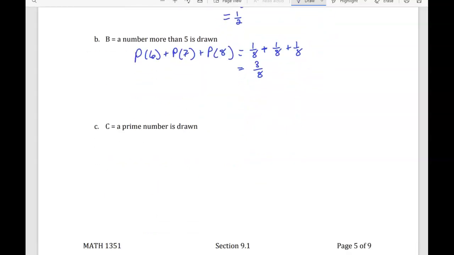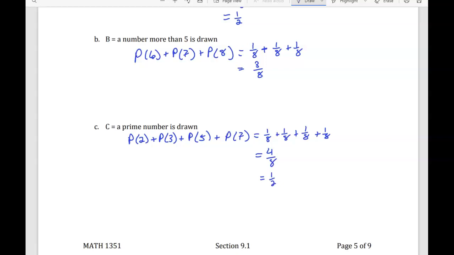Probability that I draw a prime number, that would be the probability of 2 plus the probability of drawing a 3 plus the probability of drawing a 5 plus the probability of drawing a 7. So that's going to be 1/8 plus 1/8 plus 1/8 plus 1/8, which is equal to 4/8 or 1/2. So again, these are looking at just adding up those probabilities.